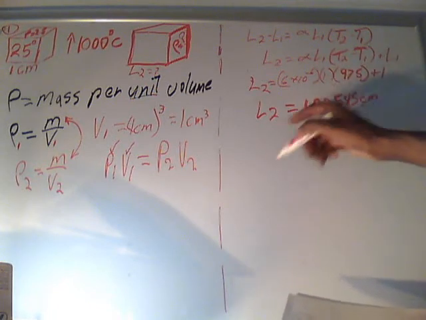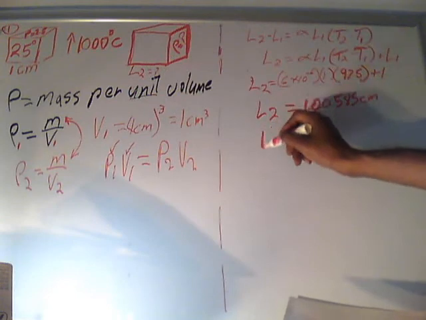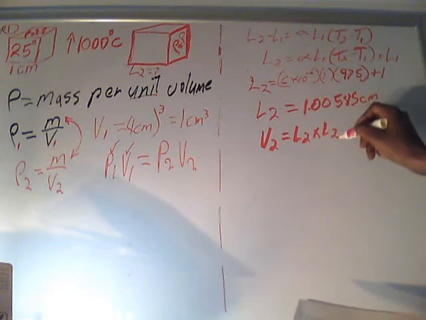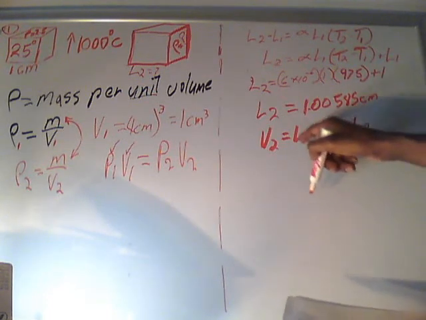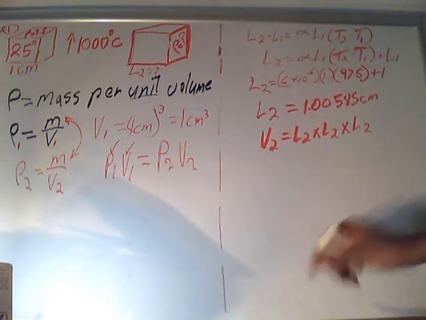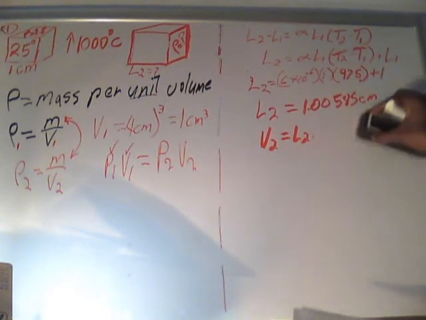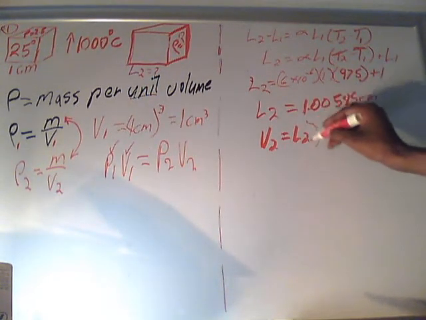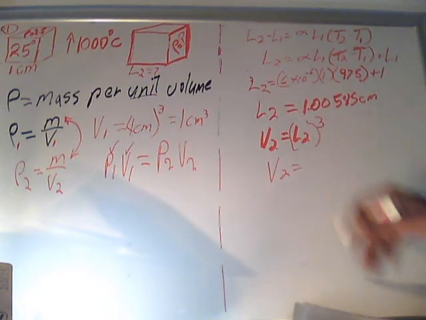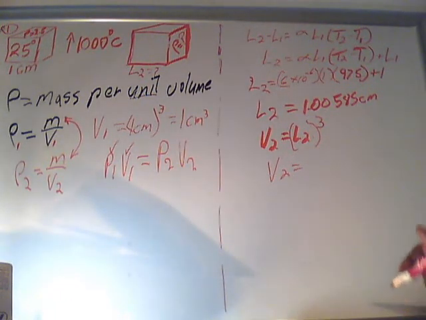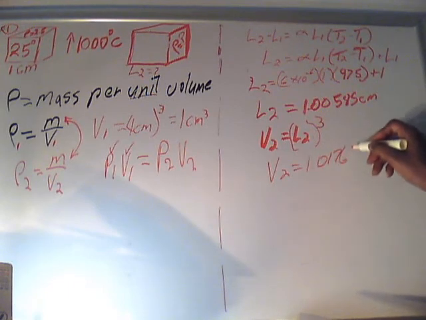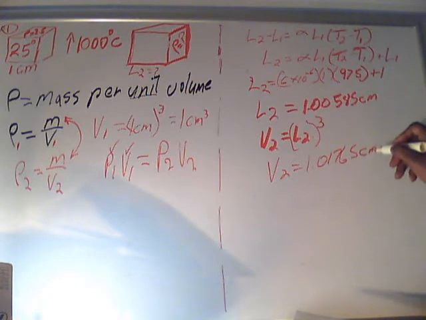So we know L2, so we can figure out V2. V2 is just L2 times L2 times L2, because the height and the width are all equal. So a more accurate way to say this would be L2 cubed. V2 is going to equal 1.0176 centimeters cubed.